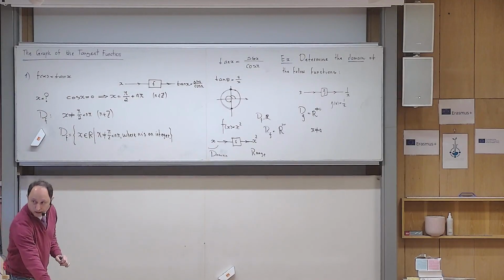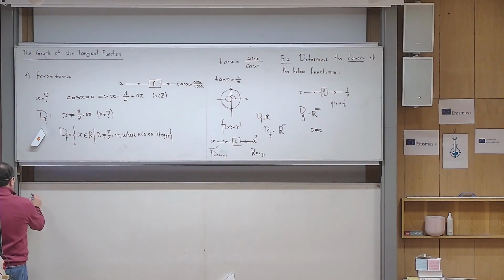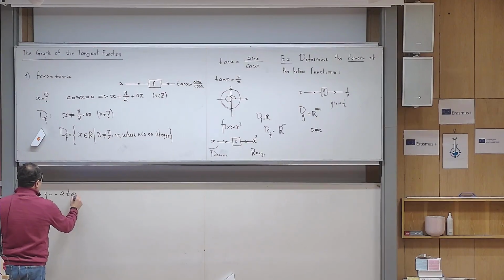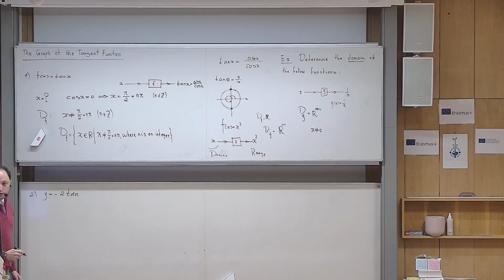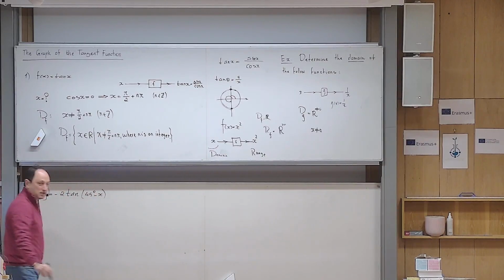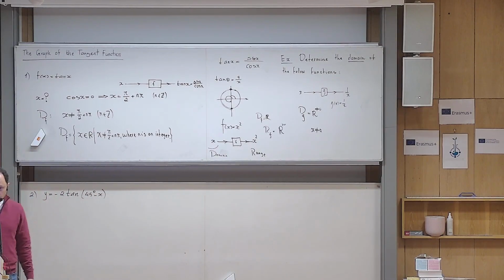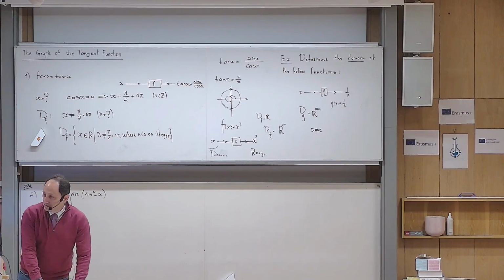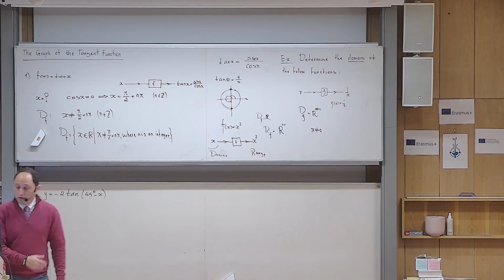This is the question: y equals, they have written y instead of f of x or whatever, minus 2 tangent of 45 degrees minus x. This is one part of question 2336. There is more to it, I will discuss that later. So we want to find the domain of this function.